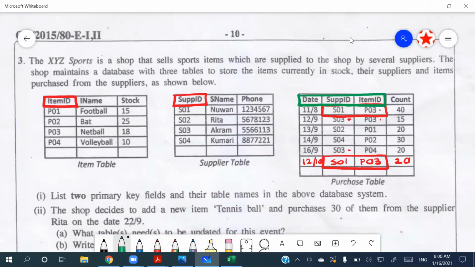So if you take the purchase table, you are going to say the composite key, which is date, supplier ID and item ID, right? Eka therunada? Do you have any questions regarding that? How we figure that out, which is date, supplier ID and item ID is going to be the composite primary key? Okay.